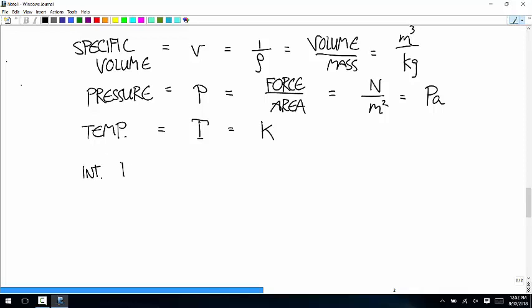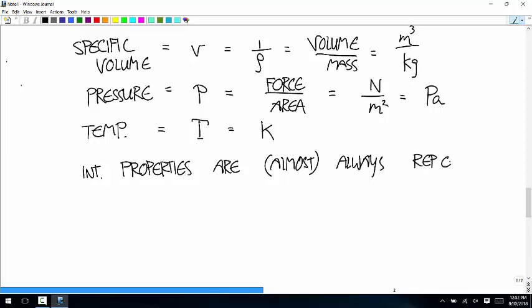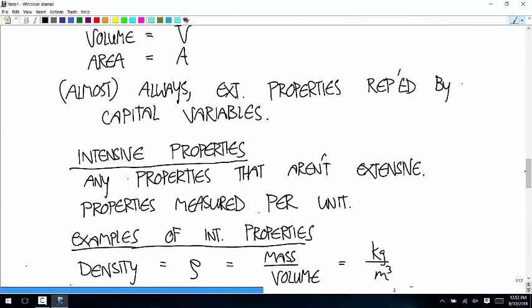Intensive properties are almost always represented by lowercase variables. When we were talking about extensive properties, mass was the exception.